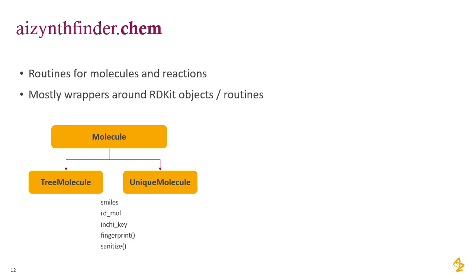So two instances of the molecule class can be equal if they have the same InChI key. But that's not true for the unique molecules. You can have two instances that are not comparable.